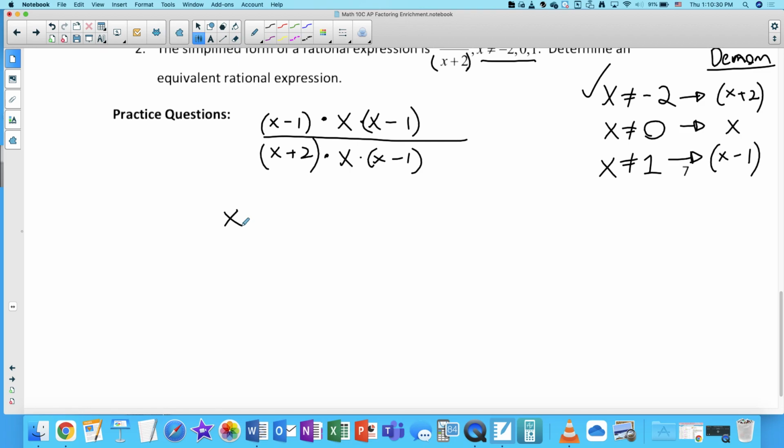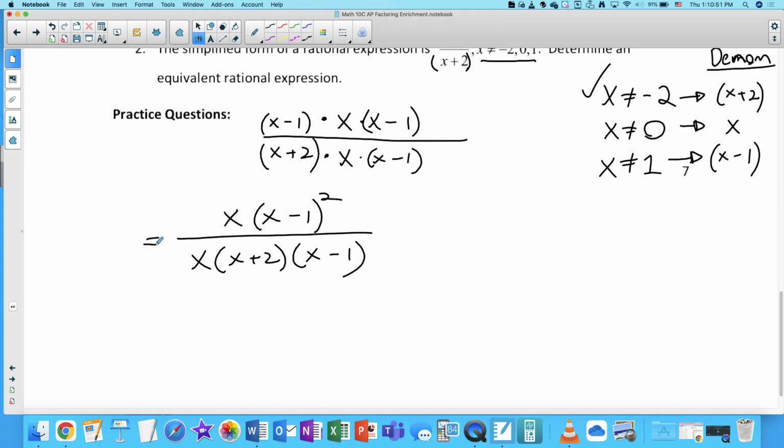And then also if you have repeated factors, you'd see that in exponential form. So it would be x times x minus 1 squared over x times x plus 2 times x minus 1. Okay? So if you gave an answer of the first thing, that's fine. But you need to recognize that this and this are equivalent.